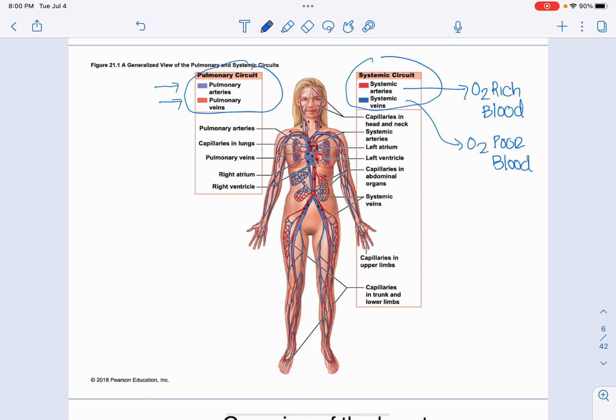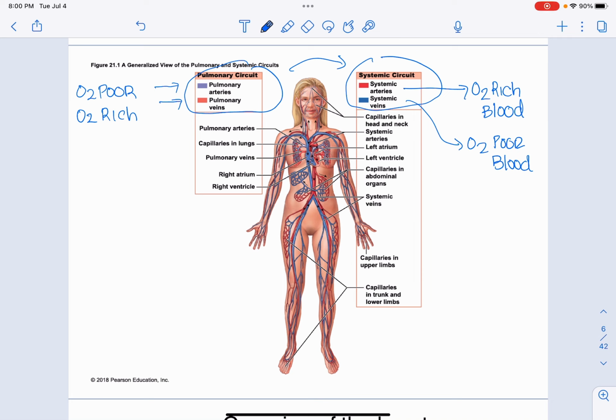So this is the opposite of all the other arteries and veins in the body.